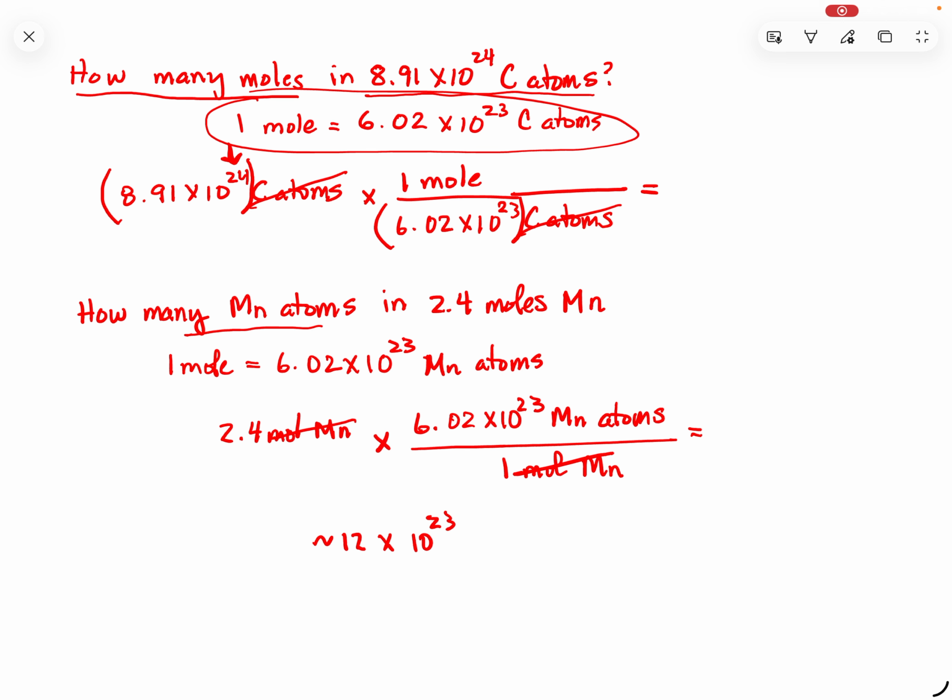We don't usually write scientific notation like that, though, right? We usually put the decimal place right after the 1, which would be a bigger number. So we'd have to bump up our exponent by 1, so it's got to be pretty close to 10 to the 24th.